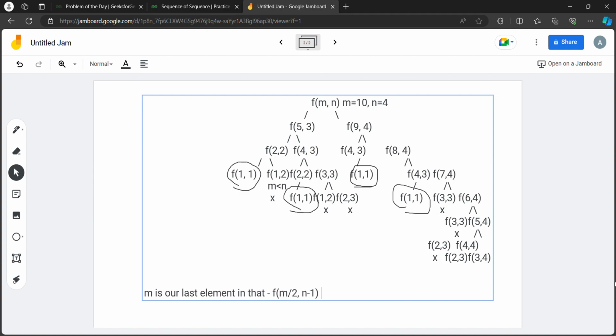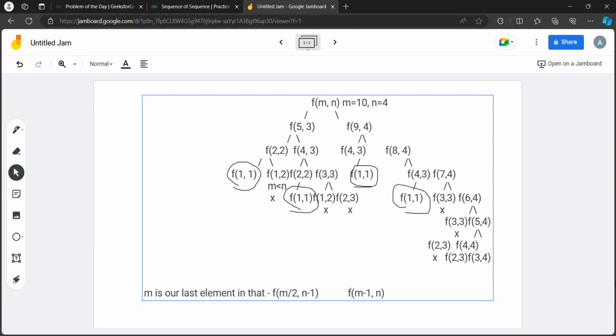And if not consider, means m is not our last element, in that case we have to do m minus 1, and size will be same, okay.